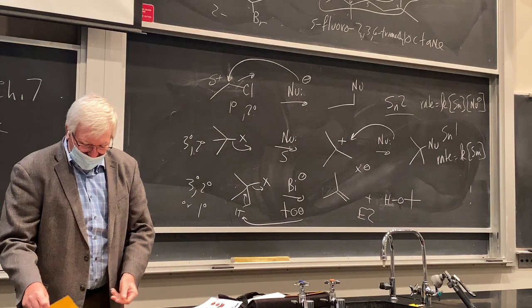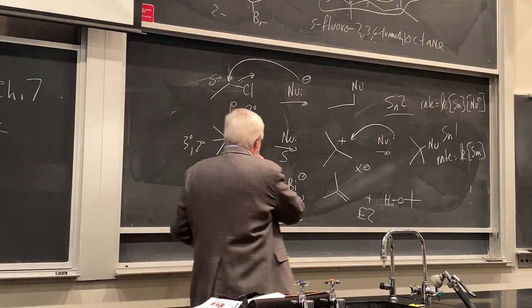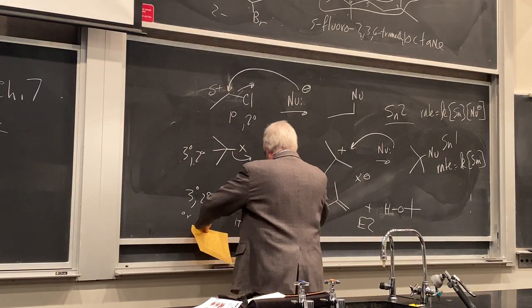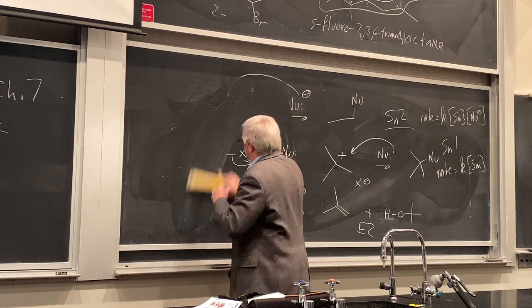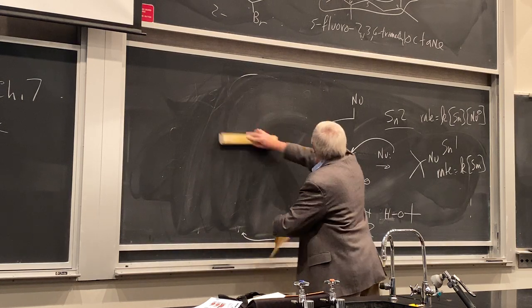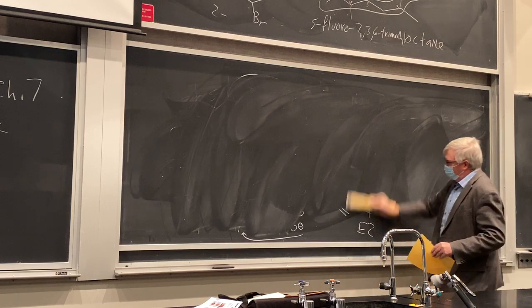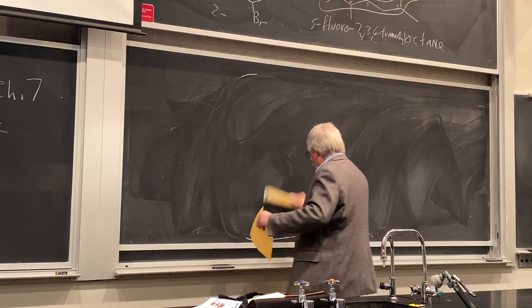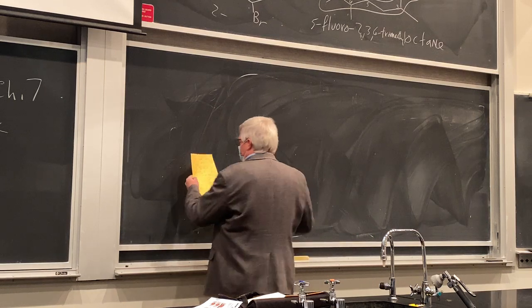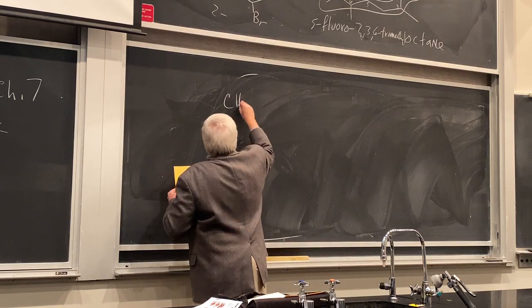Okay, so let's look at some examples here of good SN2 reactions, and you'll get a feel for this. We'll define clearly what's a good leaving group and what is a good nucleophile. We already got a little feel for it, I think. How about this one?